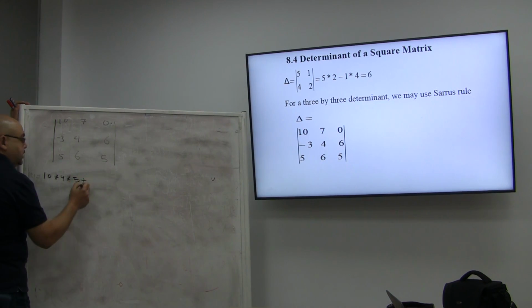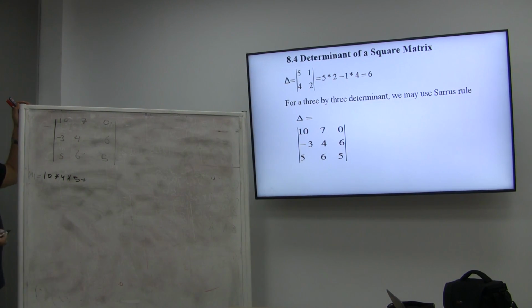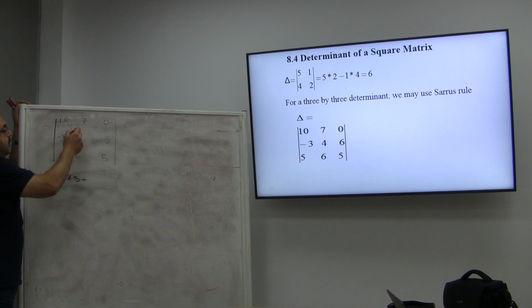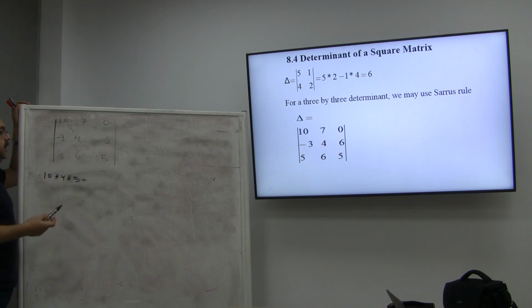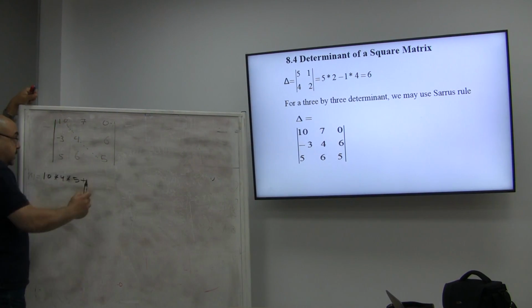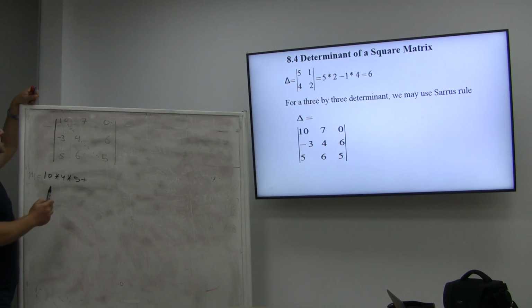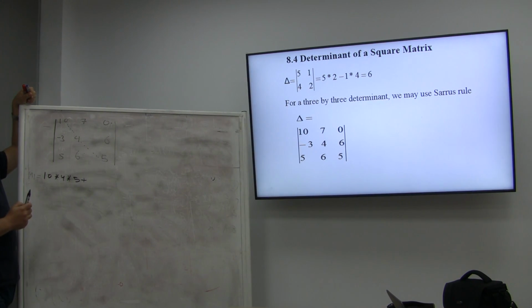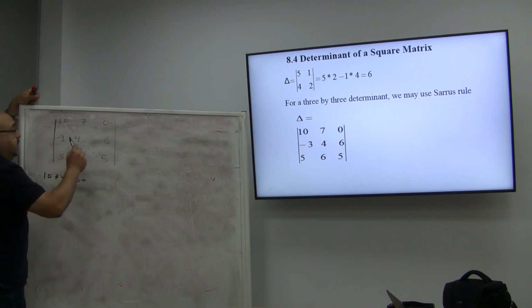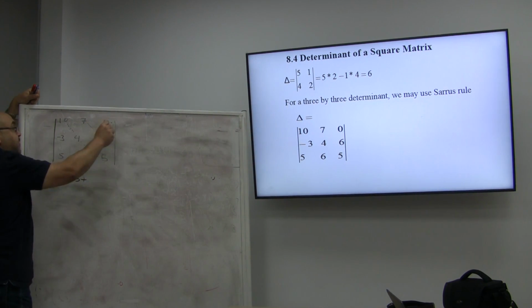Then plus. Look at the numbers of the principal diagonal. It divides this square determinant into an upper triangle and a lower triangle. The upper triangle has a base and a vertex.